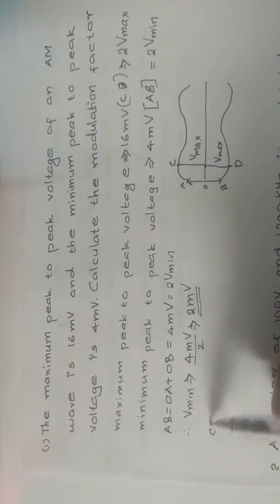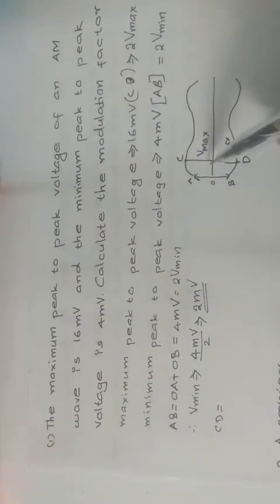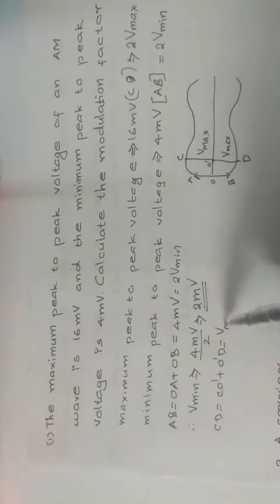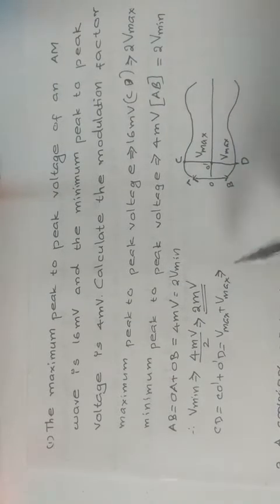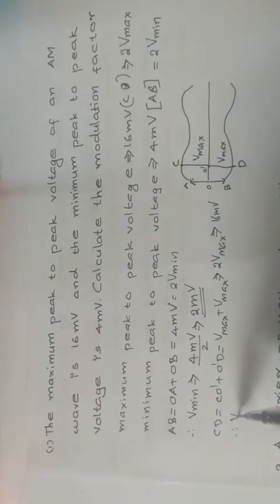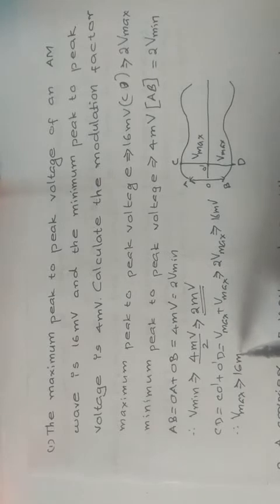So CD is equal to CO' plus O'D, that is Vmax plus Vmax, equal to 2 Vmax, equal to 16 millivolt. Therefore, Vmax is equal to 16 millivolt divided by 2, which is equal to 8 millivolt.